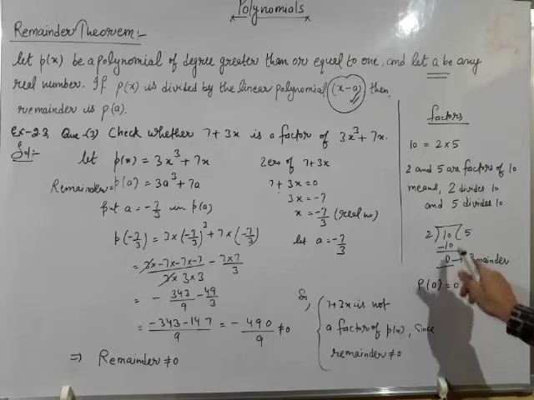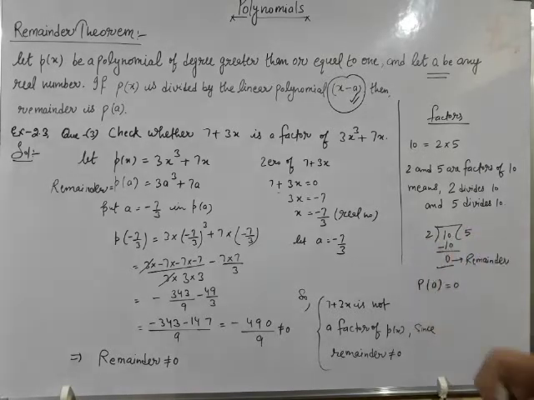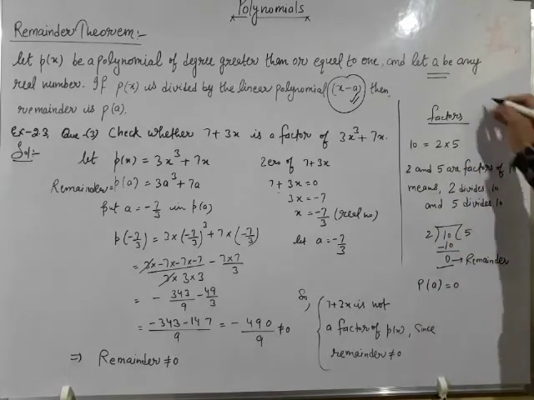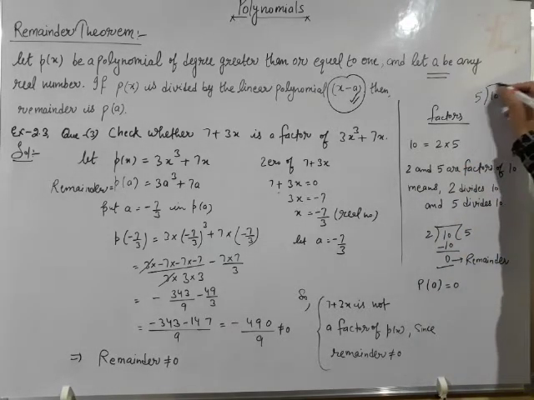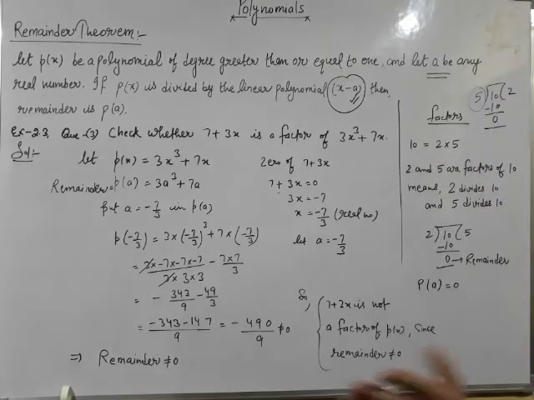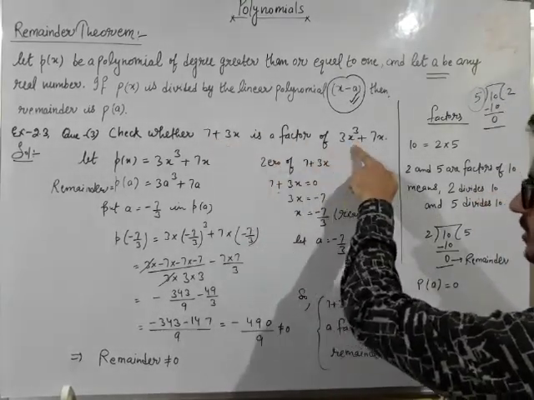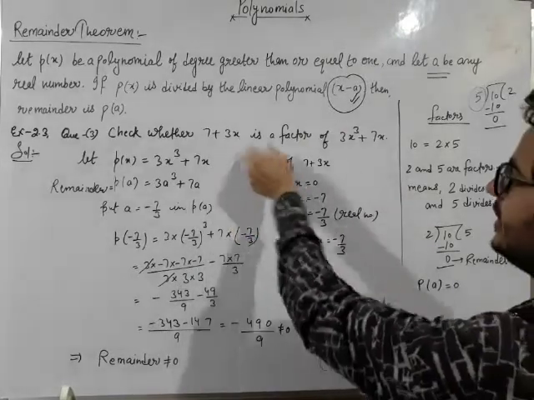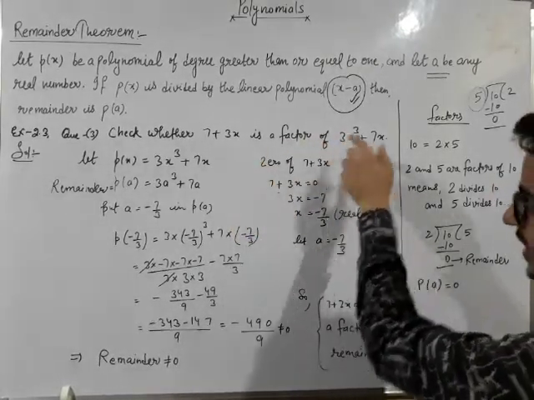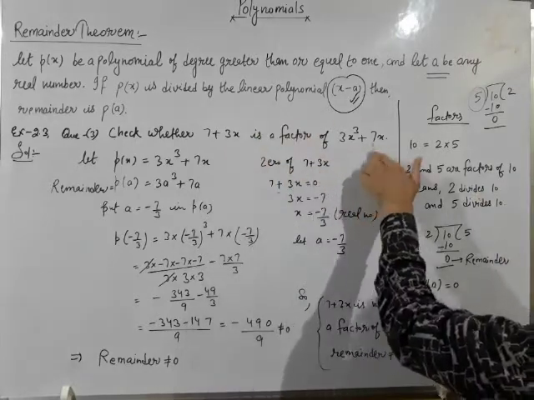If remainder becomes 0, then we say that 2 is a factor of 10. When we divide 10 by 5, 5 twos are 10, remainder becomes 0. So we can say 5 is a factor of 10. Similarly, if 7 plus 3x can divide the given polynomial, then we will say it is a factor of the given polynomial. Otherwise, 7 plus 3x will not be a factor of given polynomial.